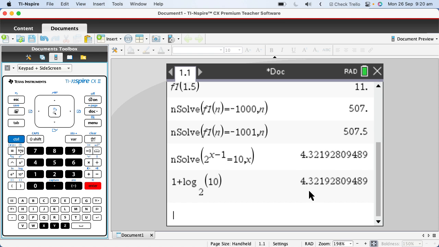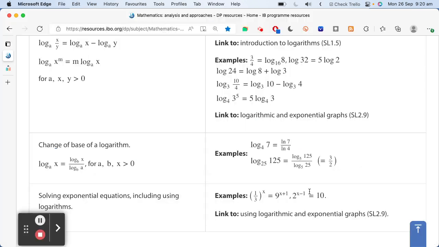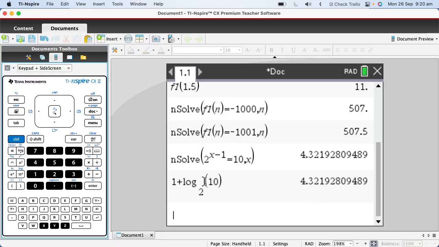So I think it's important to know that it's under those sorts of circumstances where a change of base logarithm could be useful for you. So you can see log base a of x equals log base b of x over log base b of a. So I can change log base 2 to a different base.